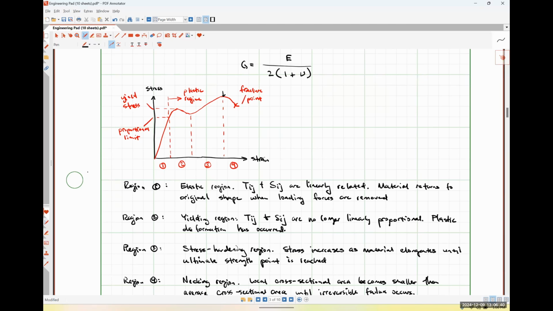So instead of it having all of these different regions, it effectively just has the elastic region and then a brief-ish dip into the plastic region before failure occurs, okay? So it would look more along something like this.